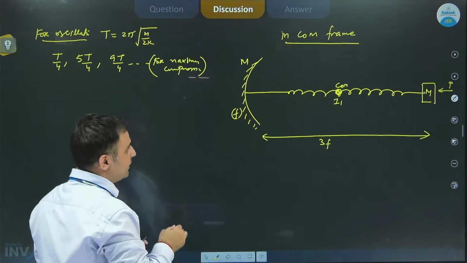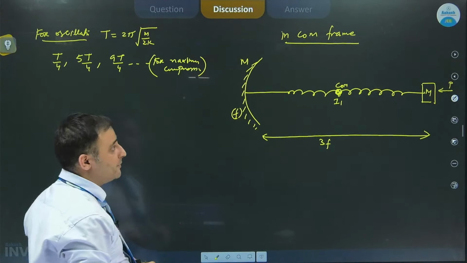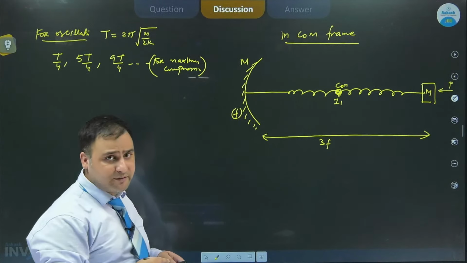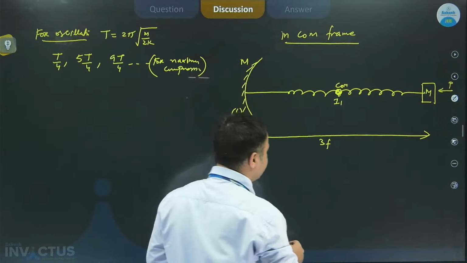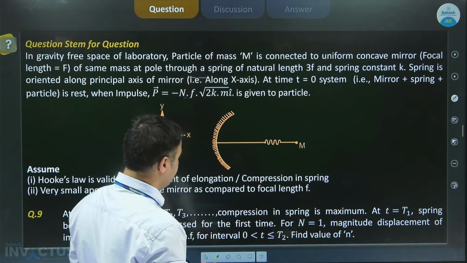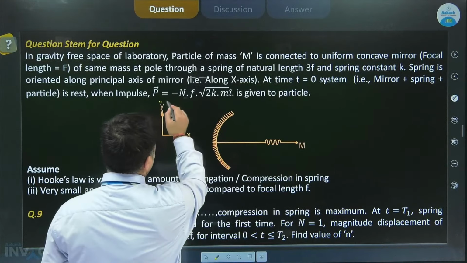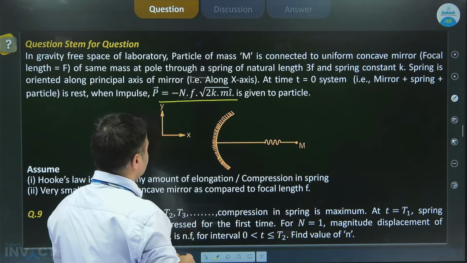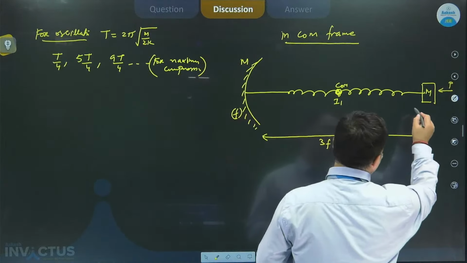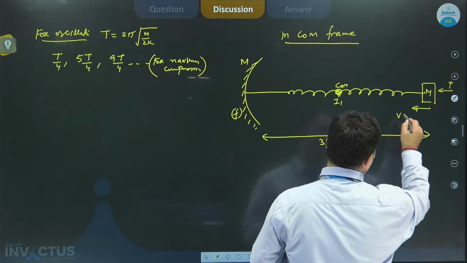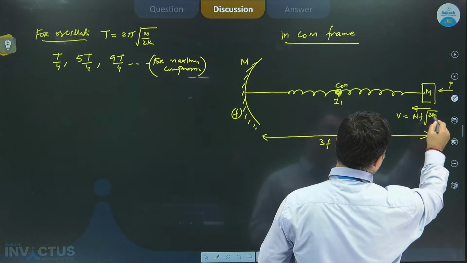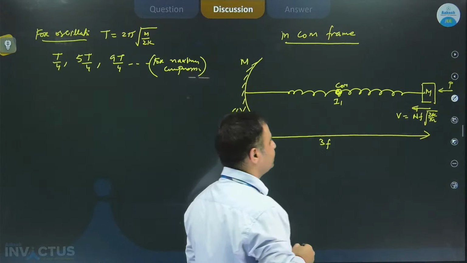Now we can also find the value of maximum compression by energy and momentum conservation. For maximum compression, momentum is given to us. This is the value of momentum provided to the block. So for velocity, just divide it. The velocity of the block is nf under root 2k by m.